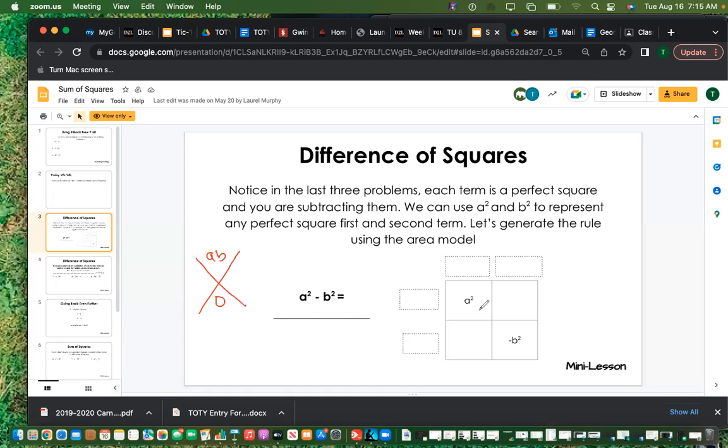A would be 1, and the last one would be 1, so this would be negative 1. When we actually factor this out, this is going to be A minus B and A plus B. So right here in this box, this is going to be minus AB, and in this box, we're going to have positive AB.